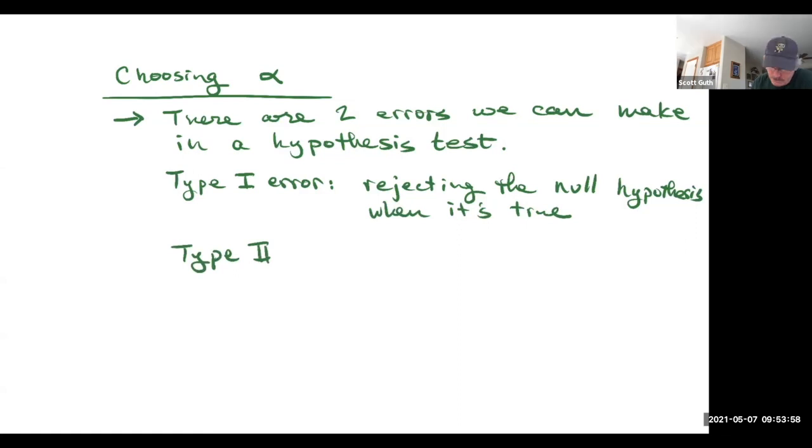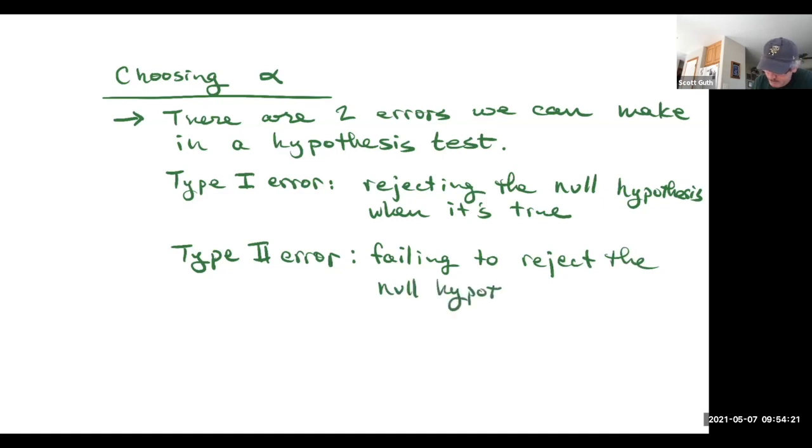So it's like false positive, false negative, but it's not a medical test, so we use different language. Here, a type 2 error is failing to reject the null hypothesis when it's false, which is a mistake.